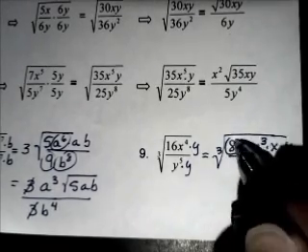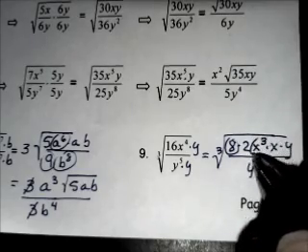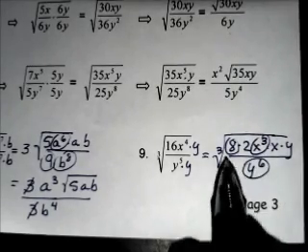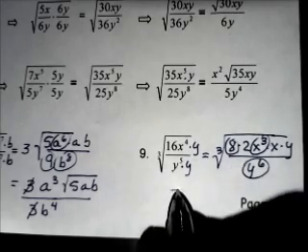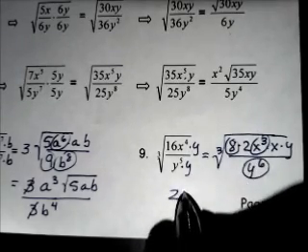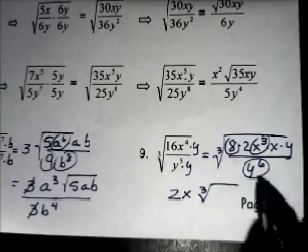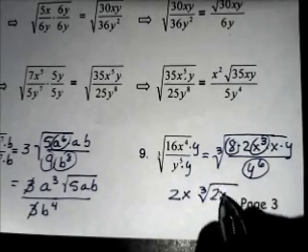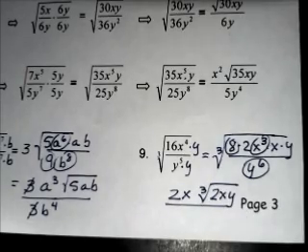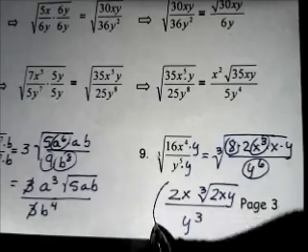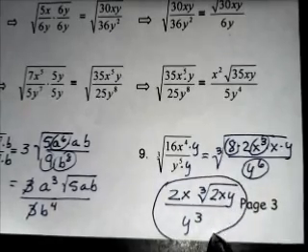I'll circle our perfect cubes. Cube root of 8 is 2. Cube root of x to the 3rd is x. Cube root of 2xy remains, all over the cube root of y to the 6th, which is y to the 3rd. That's our answer here.